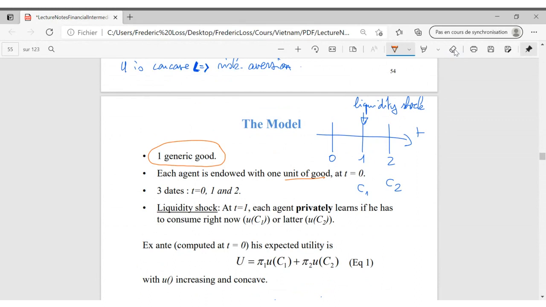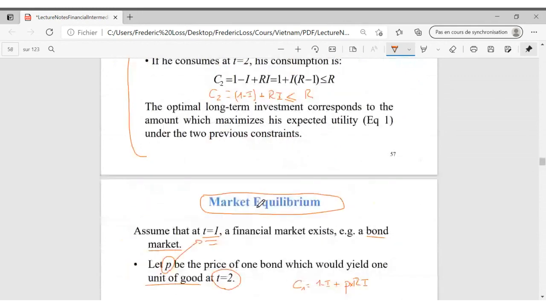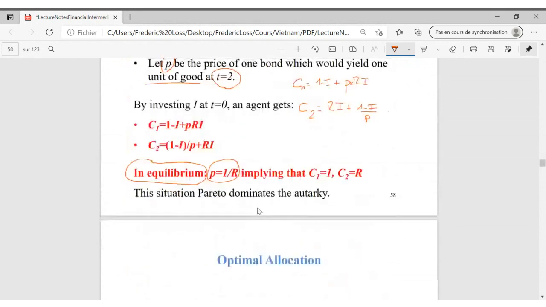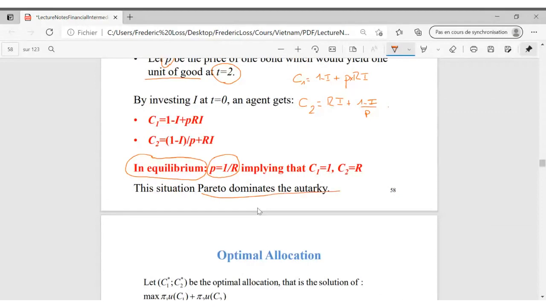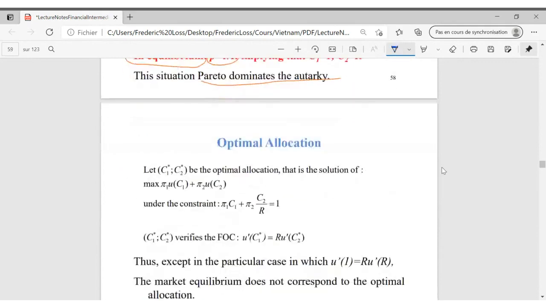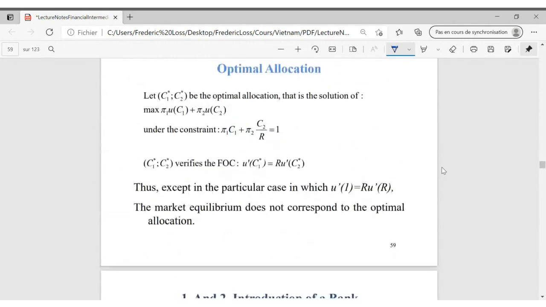Let's say money. This is money. So I is the investment in the long-term investment possibility. You invest part of your wealth, that is capital I belongs to [0, 1]. Okay, so this market equilibrium situation Pareto dominates the autarky. So what would be the optimal allocation?